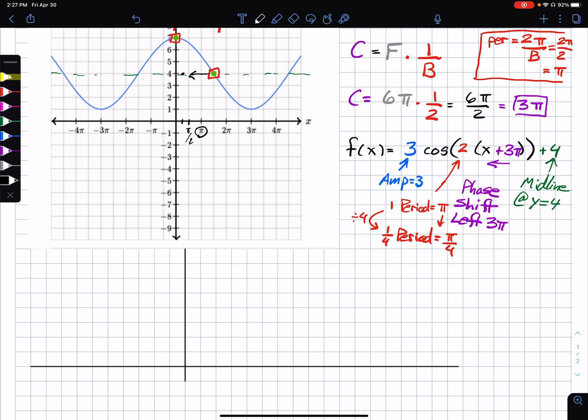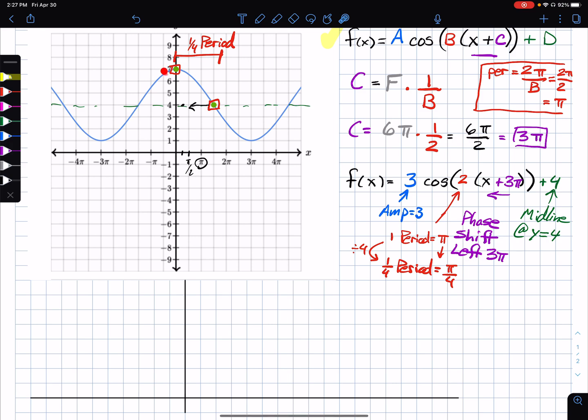However, I'm getting ahead of myself. We have not taken care of the phase shift. So this phase shift, where things need to move left 3 pi, is going to first alter this original dot that was placed up here. So this is going to be moved back to negative 3 pi, which is right here.